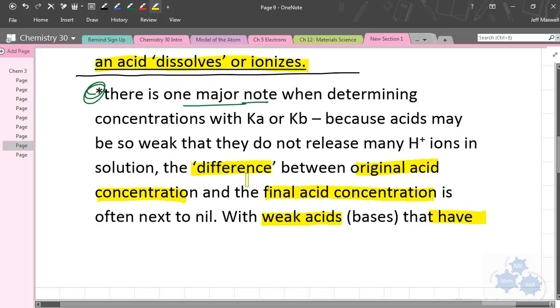When we have Ka values for acids that are less than 10 to the negative 4, the difference between the original acid concentration and the final acid concentration basically can be ignored, and I'll show you in an example. What this does is make the math a bit easier, and it doesn't really sacrifice any accuracy.